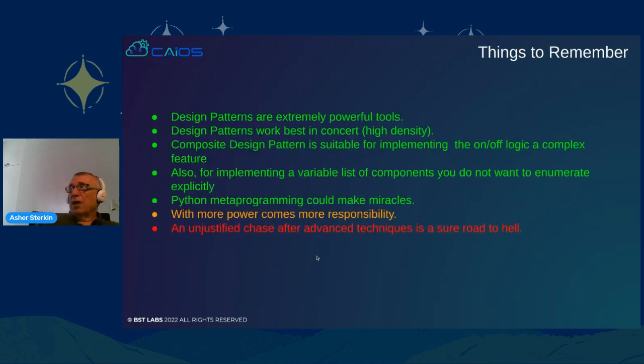A couple of things to take from that presentation. Design patterns are extremely powerful, really. If you take some time to study them, they could make the difference between make and break when solving complex problems.